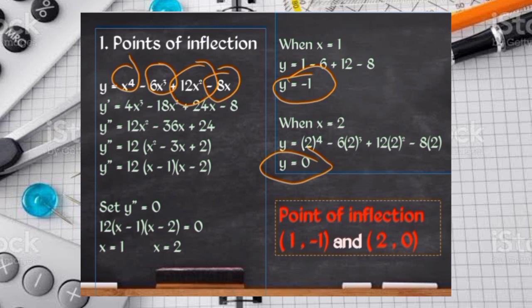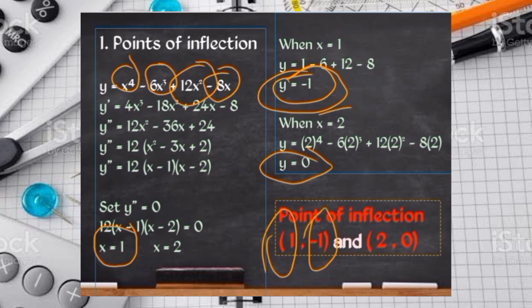So the points of inflection are x equals 1 and y equals negative 1, and x equals 2 and y is equal to 0.